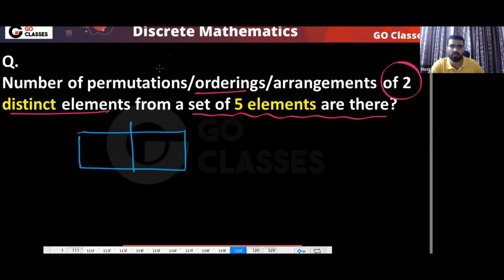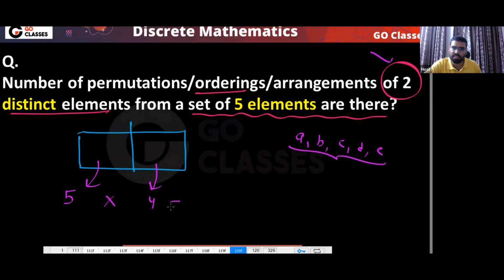And in total we have 5 elements, A, B, C, D, E. These 5 elements we have, but we want 2 elements. Then for the first position, how many choices? Any of the 5 can come. And for this, 4. So the answer will be 20. Simple product rule.